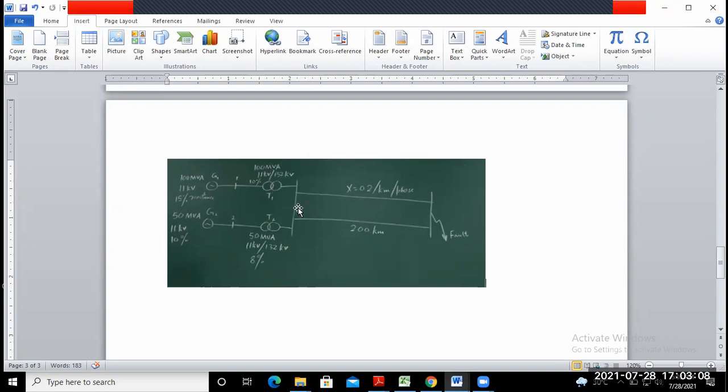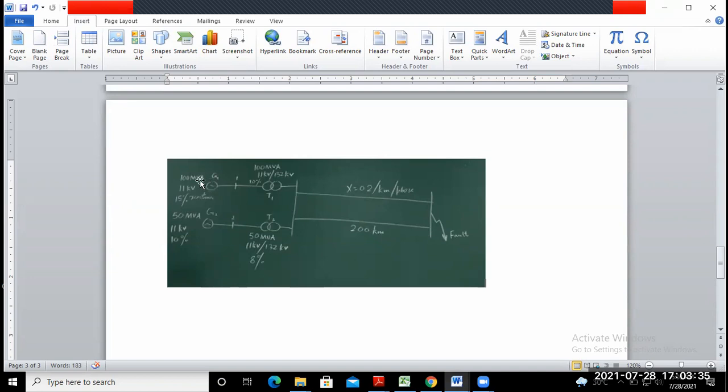So it increases the voltage from 11 kilovolt to 132 kilovolt and transfers power to the load side. Up to the primary side, that means the low voltage side of transformer 1 or transformer 2, what is the maximum voltage rating? 11 kilovolt.